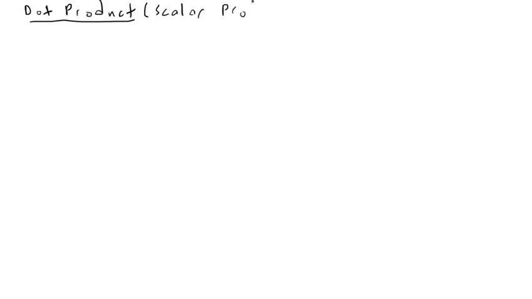Scalar product. What does this mean? The dot product or the scalar product? Well, the dot product represents the projection of one vector onto another vector.